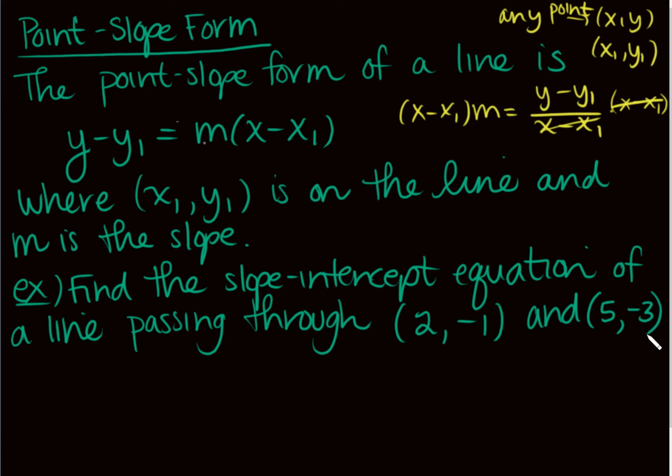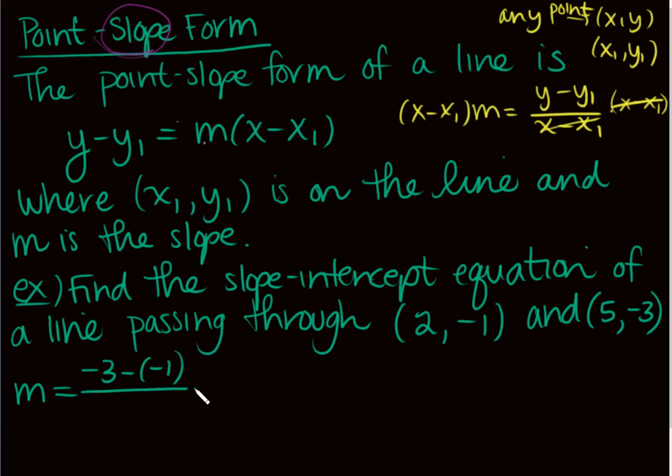Okay. So first thing you need, if you're doing slope-intercept or point slope, both of those forms have the word slope in it. So you need slope. So let's do that first. So I want to find the slope of my line. So I'm going to do -3 minus -1, change in y's.